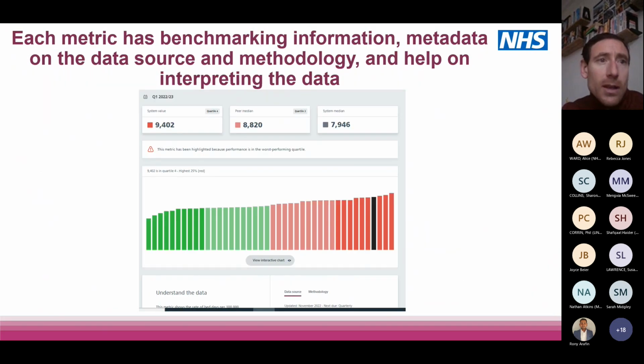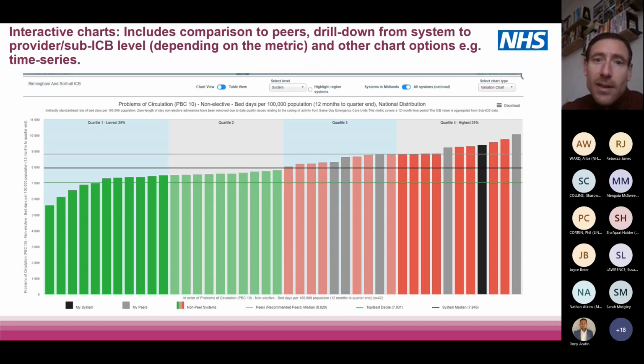Just a little bit more on navigation. You can click into any metric and you get a range of information, including the value, a link to the interactive chart, but also understanding the data source, and a detailed technical methodology section as well. And then this is the main interactive chart.